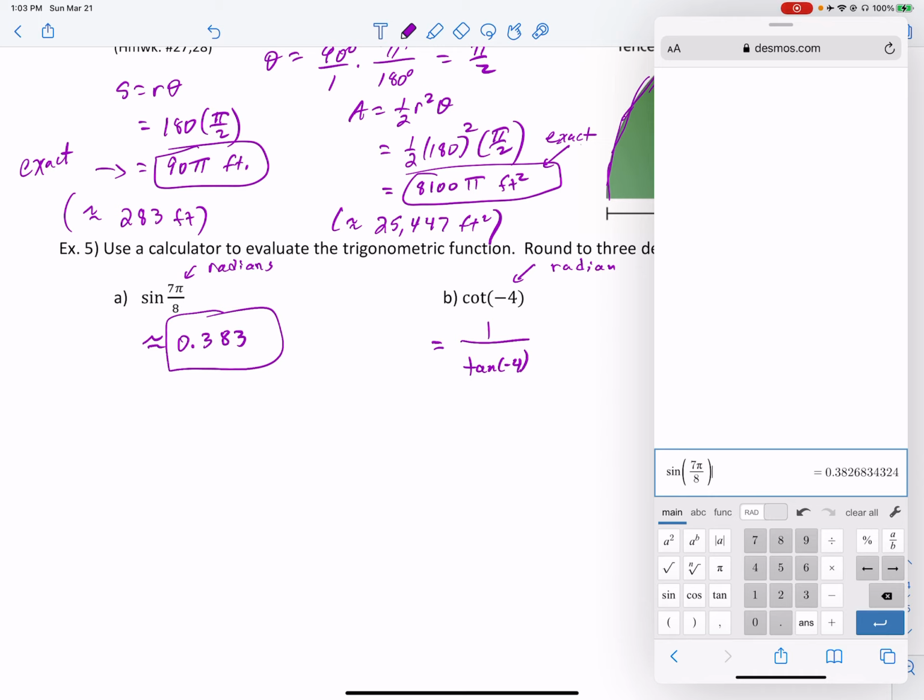And so you need to do 1 divided by tangent of -4. And there you have that value, -0.864.